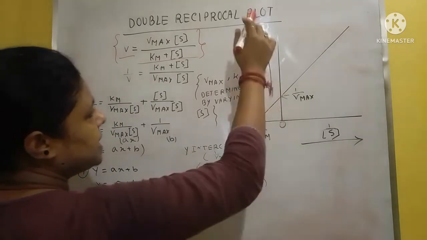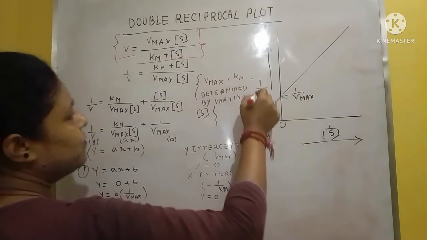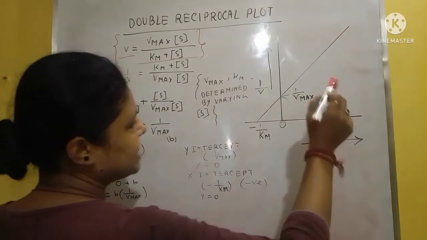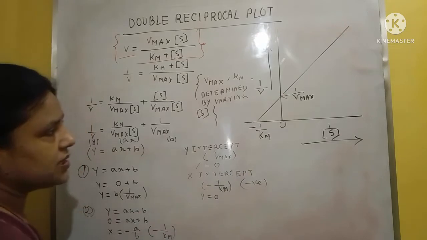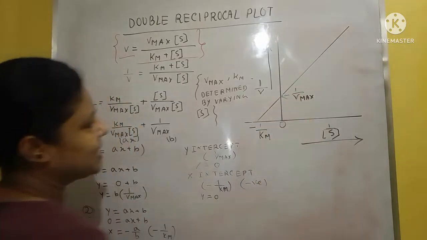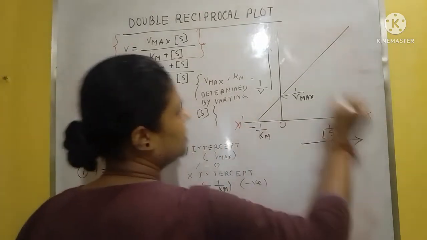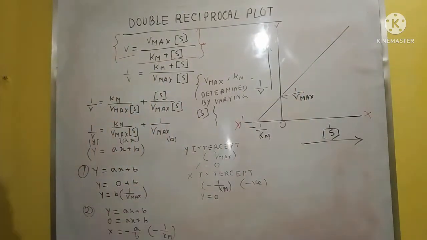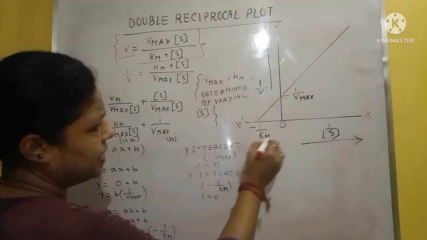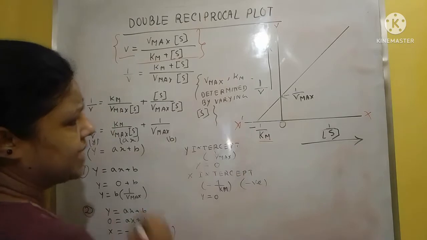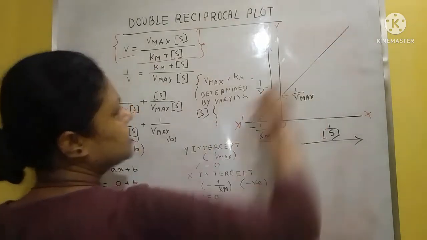And on this side we plot the V value reciprocally. That means 1 by V here and 1 by S here. You can see the y-intercept shows 1 by Vmax, and this is the x-intercept, where minus 1 by Km is the value of x. Okay, and this is negative obviously.